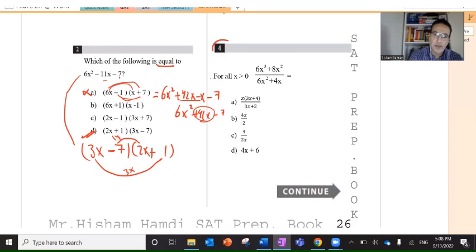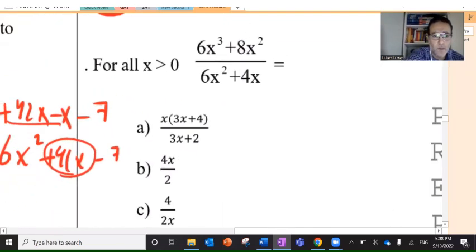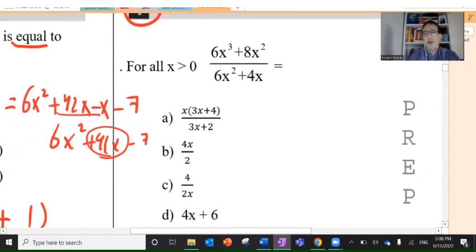Number 4. This is called algebraic fractions because you have a function up and down. In these questions, as we can see, it doesn't say factorize, but to simplify these two terms, you need to use factorization.